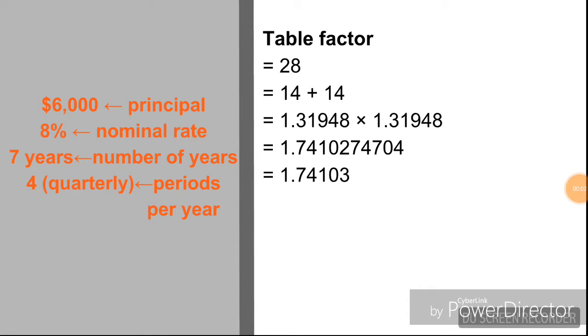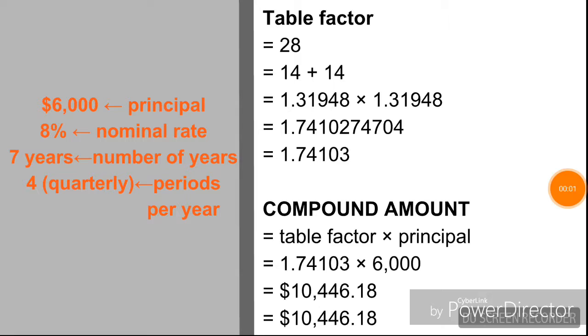We multiply this table factor by itself to get the new table factor. The new table factor, rounded to 5 decimal places, is 1 and 74,103 hundred-thousandths. The acquired table factor will be used to calculate the compound amount.